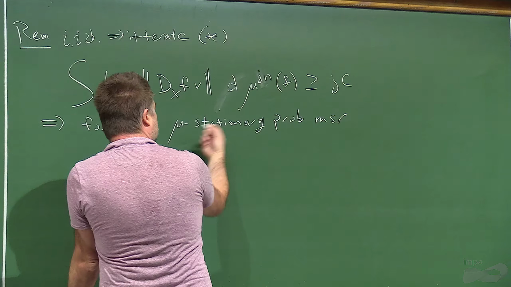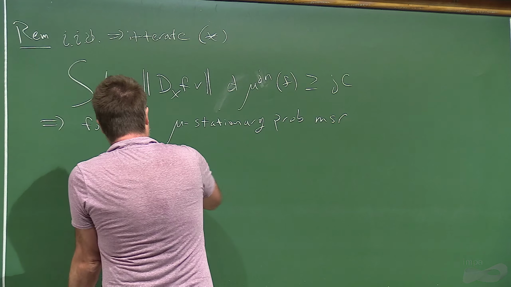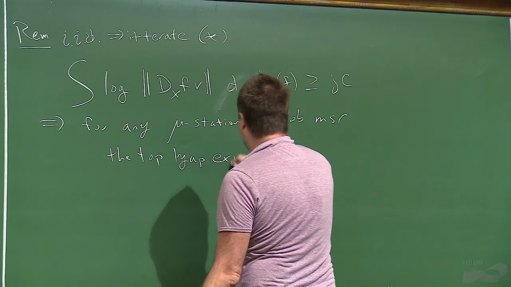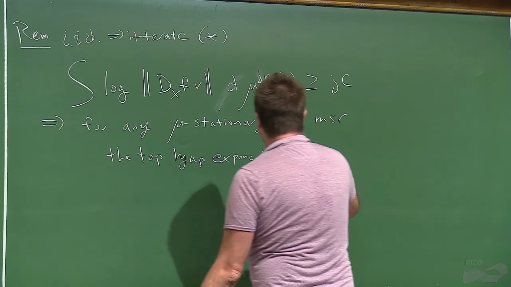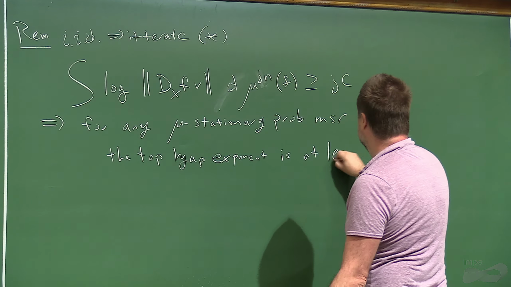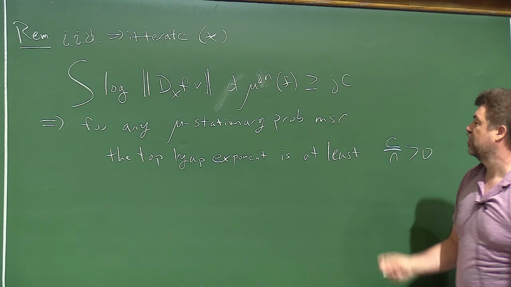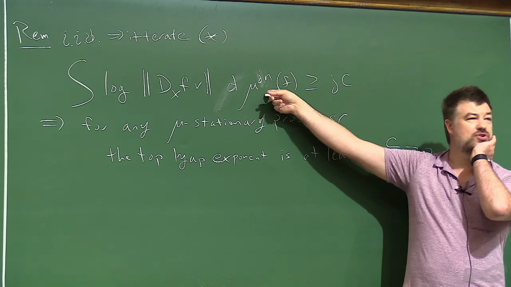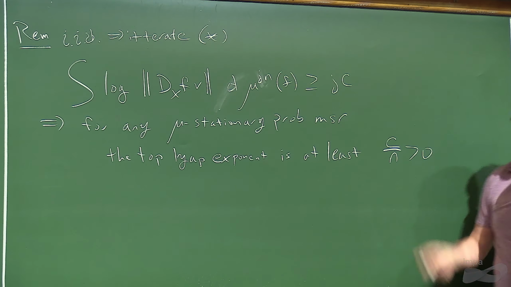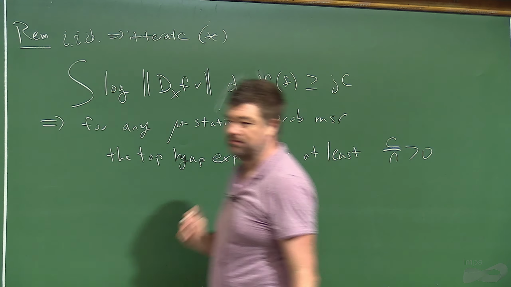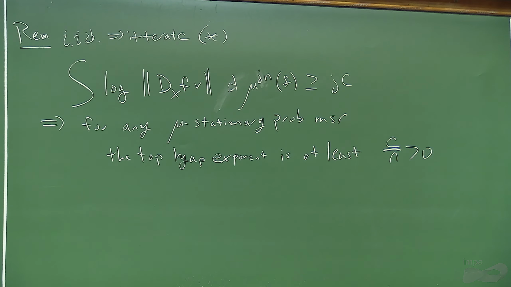So for any mu stationary probability measure, the top Lyapunov exponent is at least c over n, which is still positive. So the n is coming because I took the n-fold convolution here, and then I got the c, but this is going to force that every statistical object for the random walk sees some uniform exponential growth.